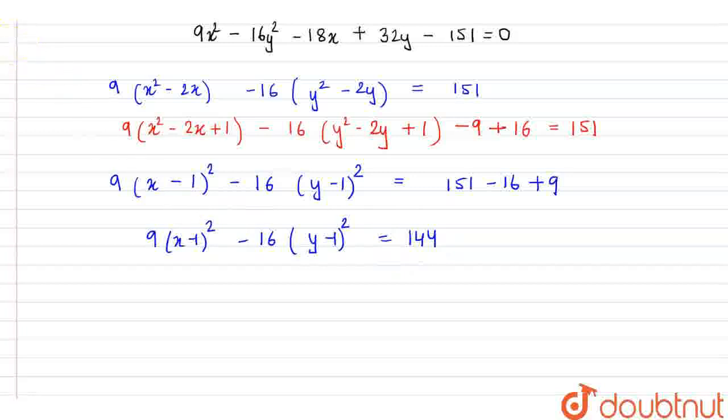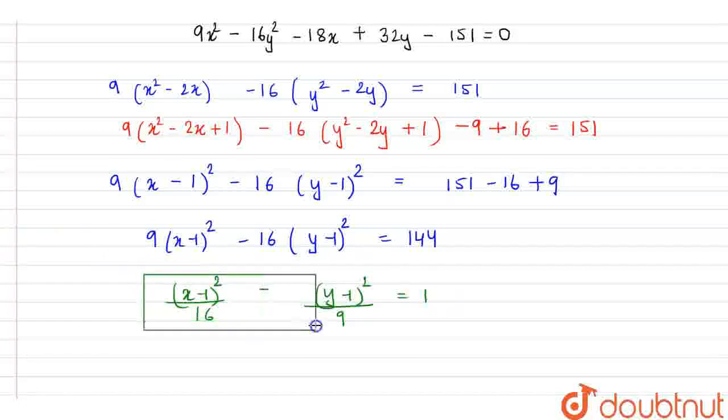So if we divide the whole equation by 144, this will become x minus 1 whole square upon 16 minus y minus 1 whole square upon 9 equals to 1. And hence this is the equation of our hyperbola.